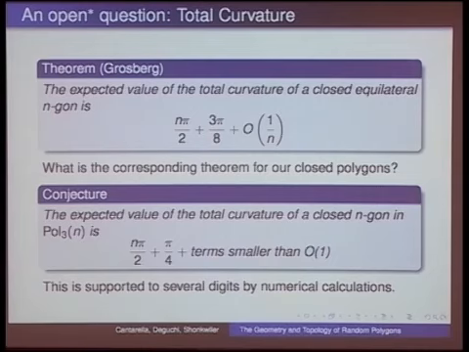It's not a good estimate for the smaller constant. So it means terms in little o(1), right.